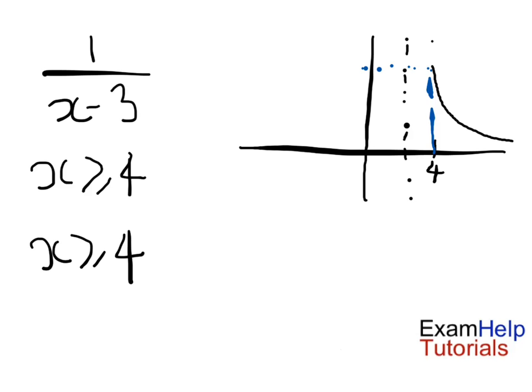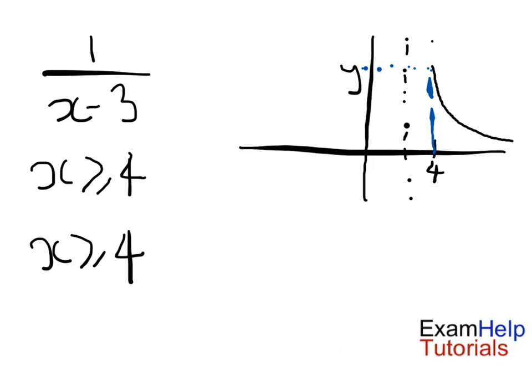That's our domain. Our range, however, we're going to work out what it gives us on the y-axis here. So 1 over, and then x is 4, 4 minus 3 is 1. So 1 over 1, that actually gives us 1.